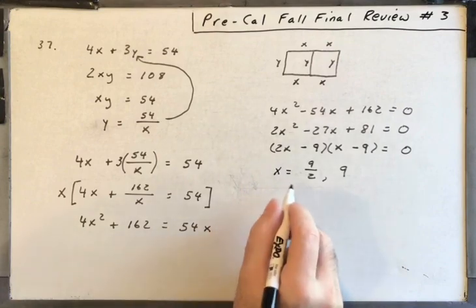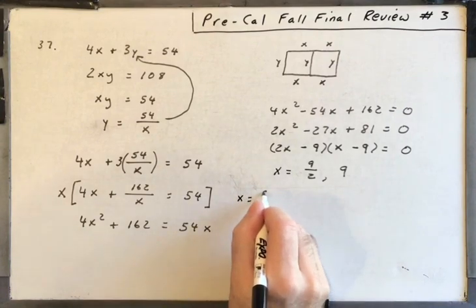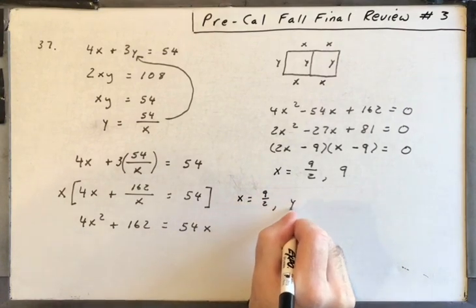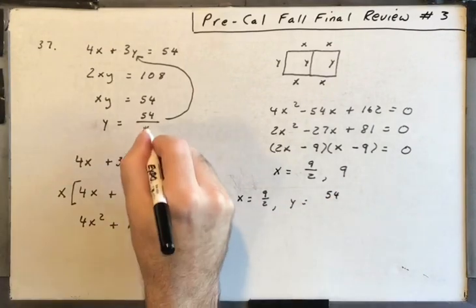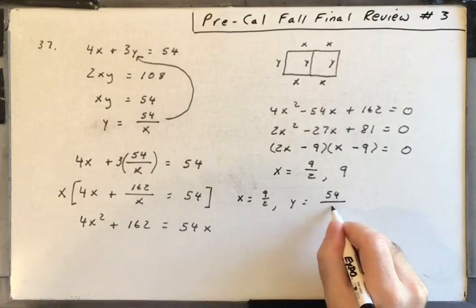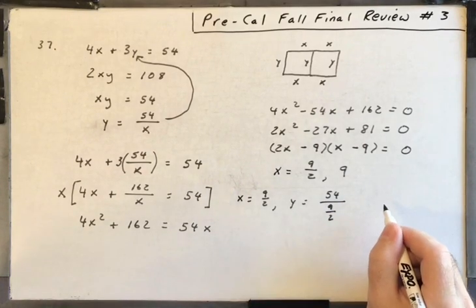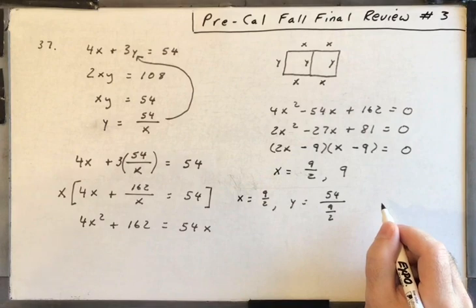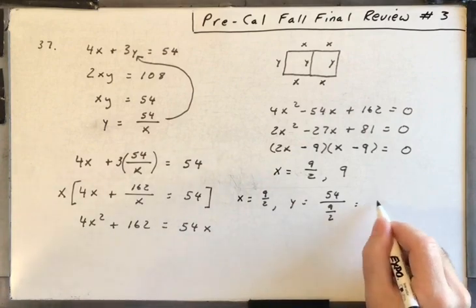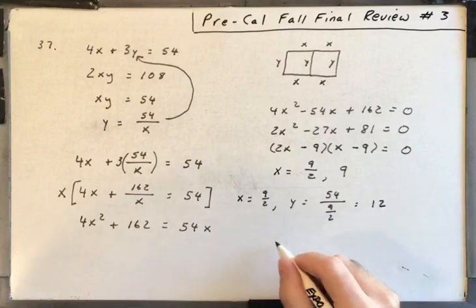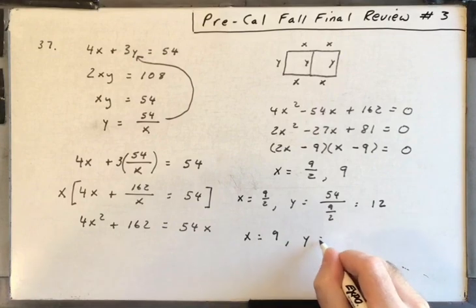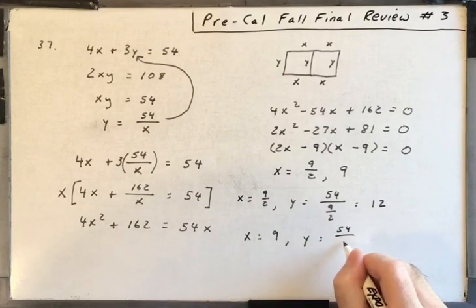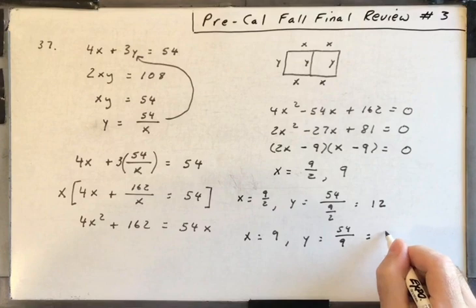So when x is 9 halves, y is equal to 54, going back to this, 54 over 9 halves. All right, so 54 over 9 halves is 12. And then when x is equal to 9, y is equal to 54 over 9, and that is 6.